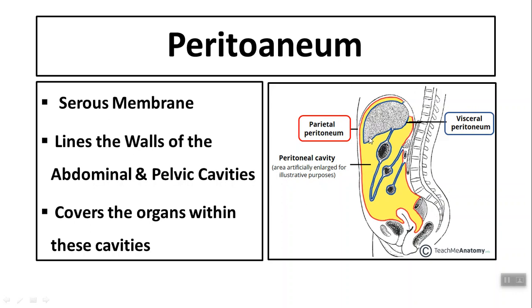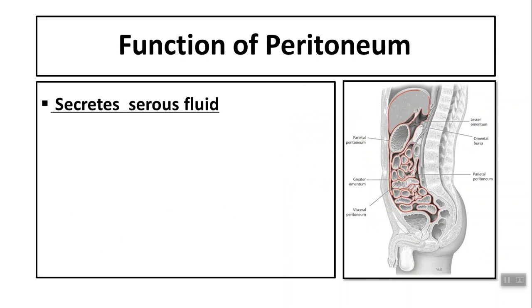As in this figure, it covers the liver, the stomach, and the small and large intestine. So it is a serous membrane that lines the walls of the abdominal and pelvic cavities, and also covers the organs within these cavities. What are the functions of the peritoneum?